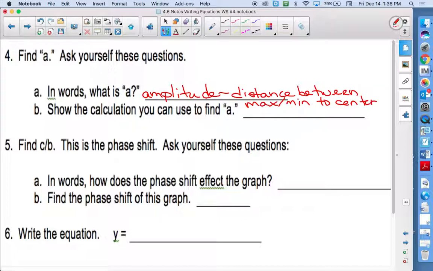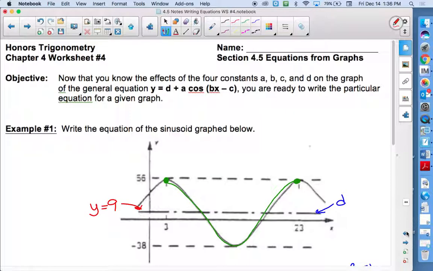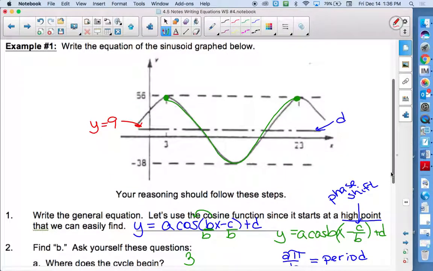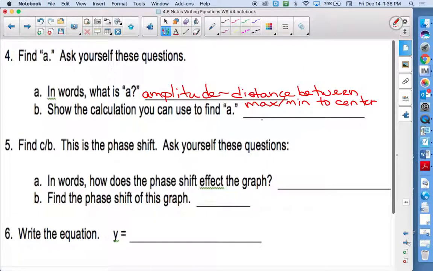And then it says show the calculation how we can find a. So if you look at your diagram, this here is a. The distance from the max to the center or the distance from the min to the center. That distance is the same. So if we have a 56 for the max, the center is 9.